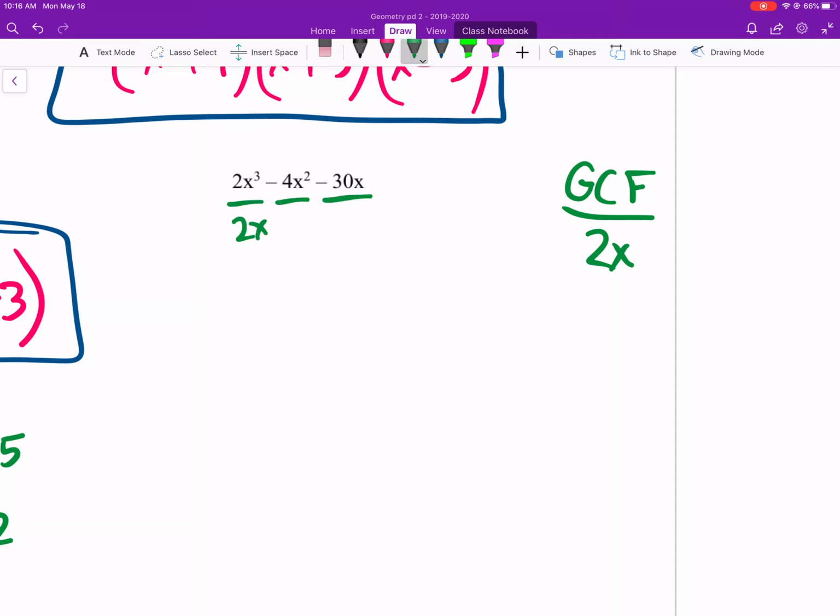This is true GCF factoring, so 2x goes out front of your parentheses. 2x cubed divided by 2x, what would that give you? That would be x squared. Negative 4x squared divided by 2x would be negative 2x. Negative 30x divided by 2x would be negative 15.